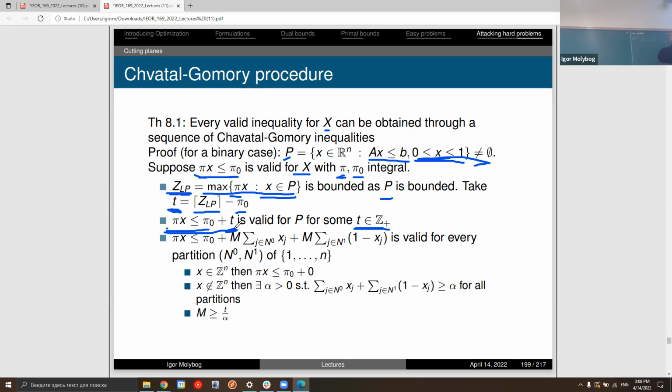And this system of inequalities is defining, so let's say that this is our lattice of integer values.